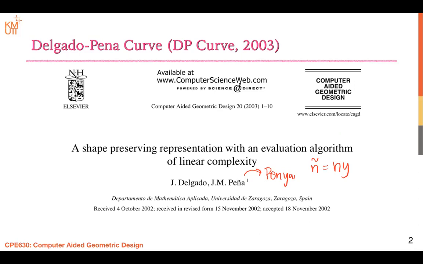So going back to 2003, Delgado and Peña developed a new shape preserving representation. Shape preserving means this curve must be an NTP curve, and we'll talk about this later.